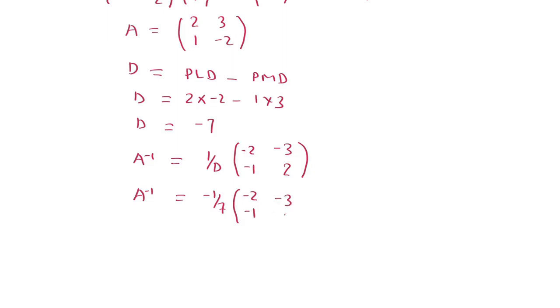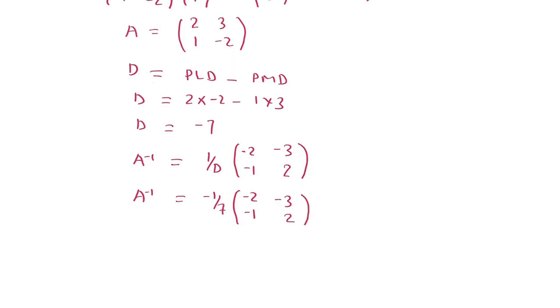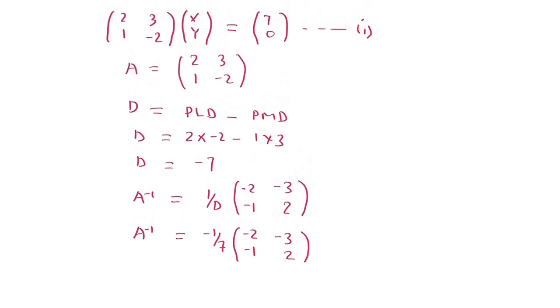Next, we multiply matrix A inverse on both sides of equation number 1.